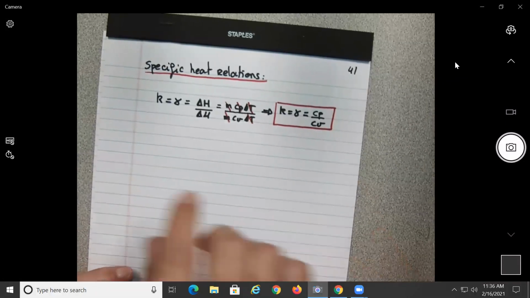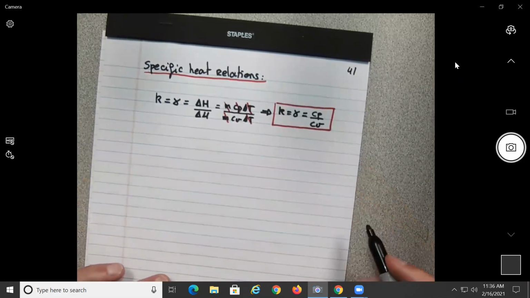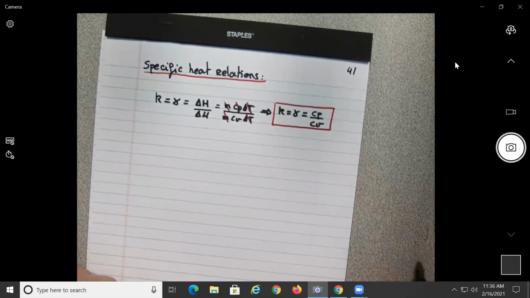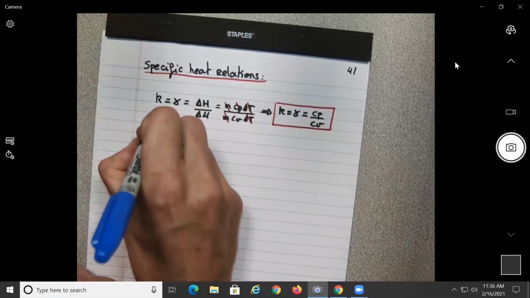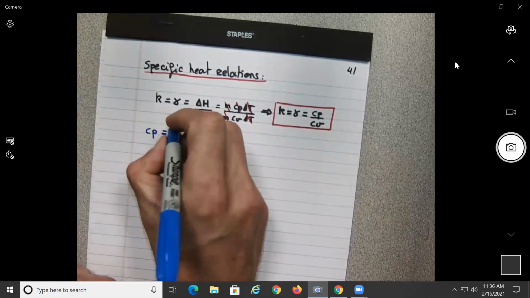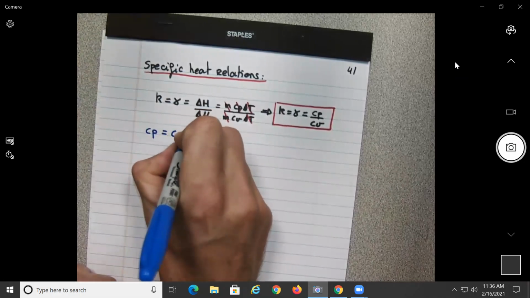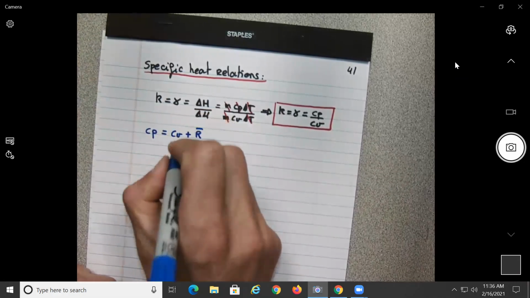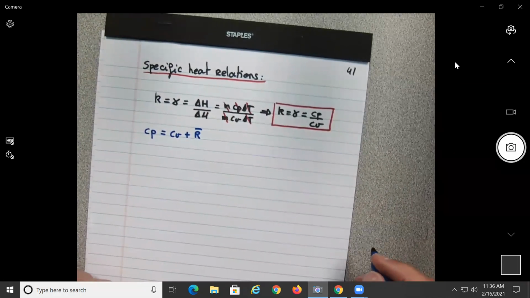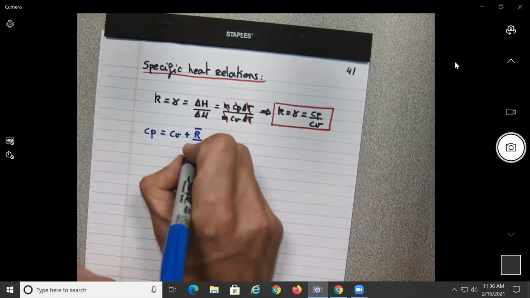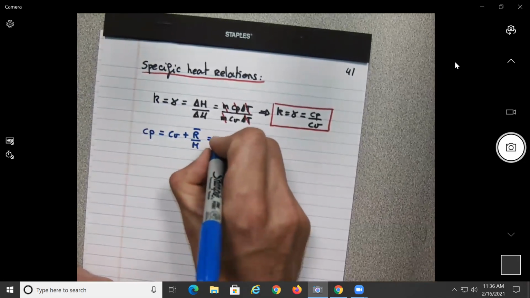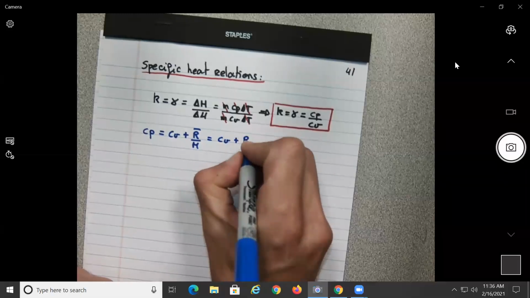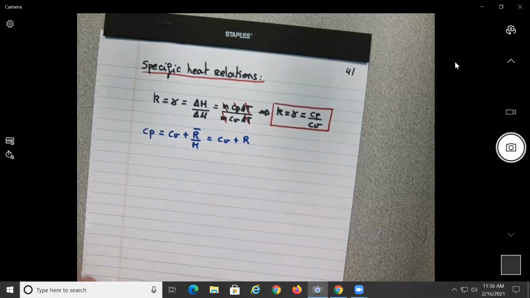All right, so now there was another relation, and this one I need to look up because I don't remember it. Cp is related to Cv by Cv plus R bar over M, where R bar is the universal gas constant, so this is the same thing as saying Cv plus R. I always forget those R's.